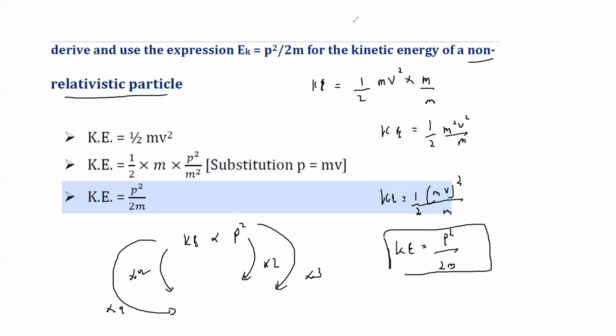So the graph between the momentum and kinetic energy, if momentum is on the x-axis and the kinetic energy on the y-axis, will be a curve which gets steeper as we increase the momentum. Is it clear?